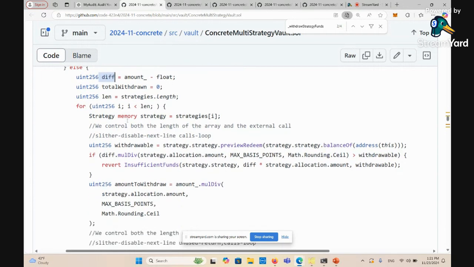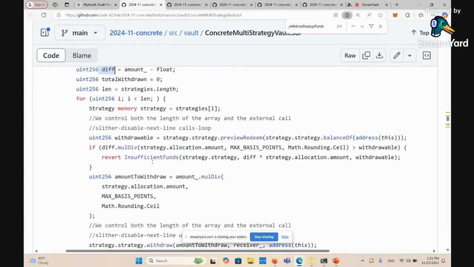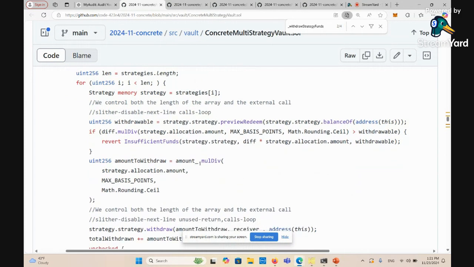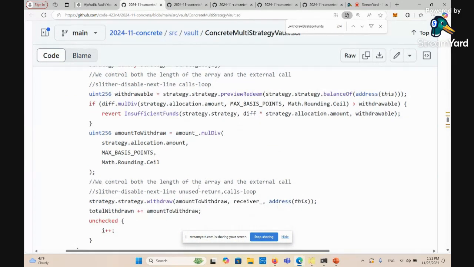And then using the deficit, we iterate through all of the strategies. And from each strategy, we also try to withdraw proportionally. And by proportionally, we mean we use the amount to withdraw. The amount to withdraw is decided by the allocation percentage.